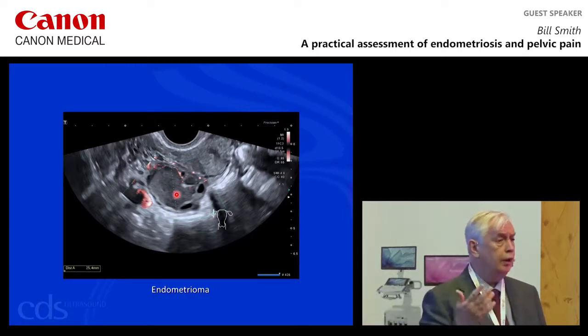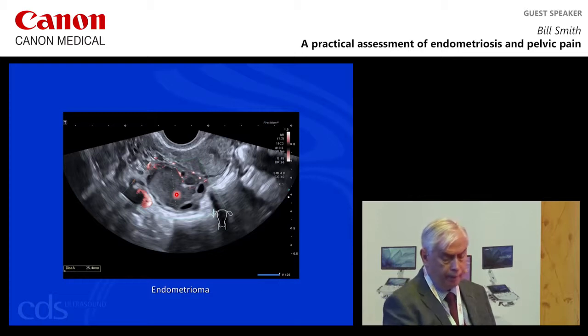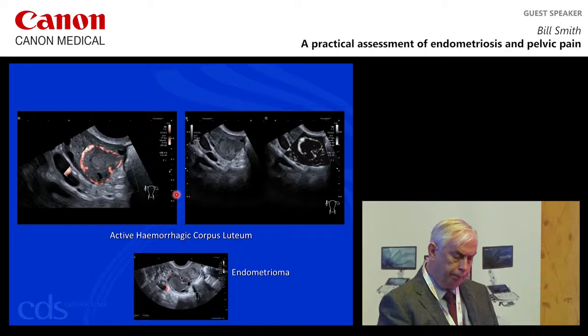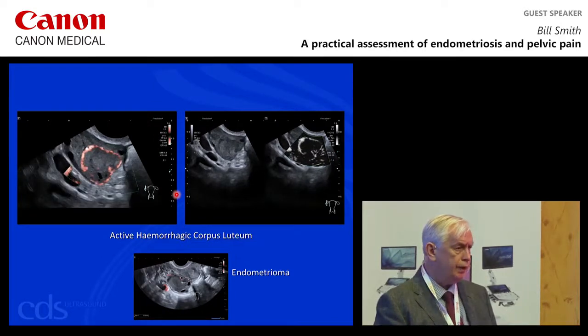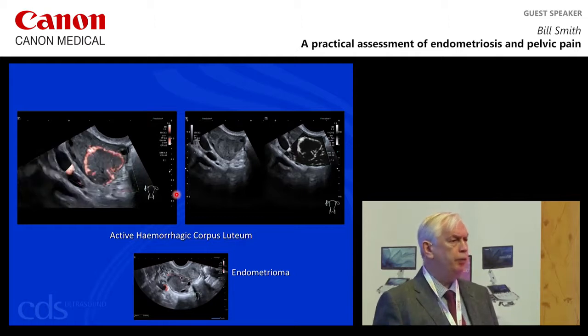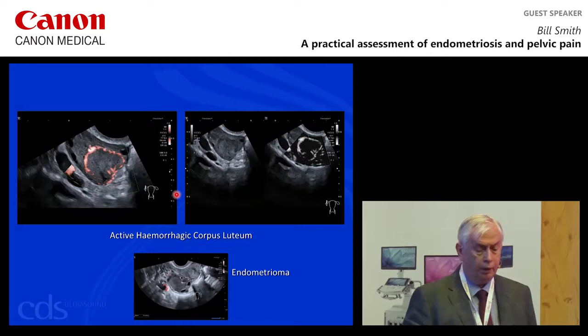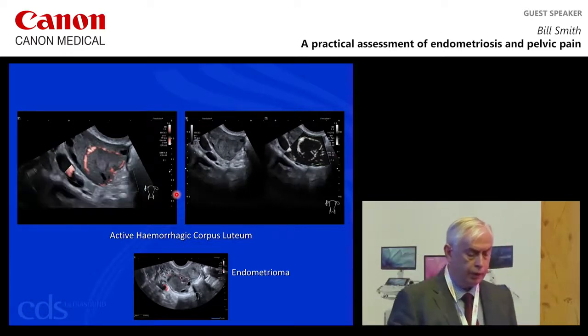Not in all cases, but in the vast majority. The second factor, which people aren't aware of, is that follow-up scans are very important. Follow-up scans are crucial, certainly in our unit, in terms of accurately defining the type of ovarian lesion.